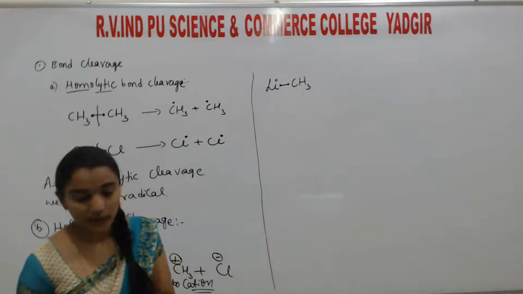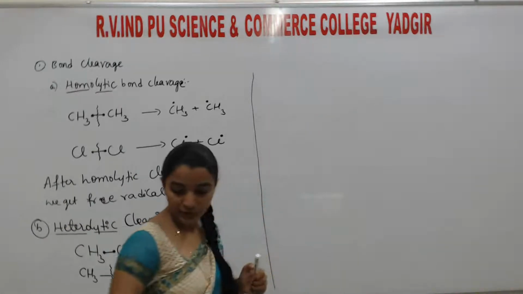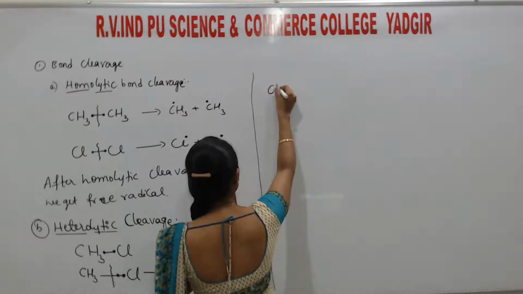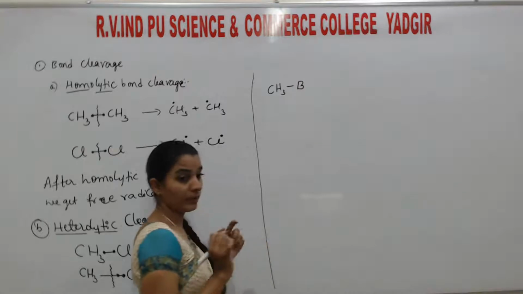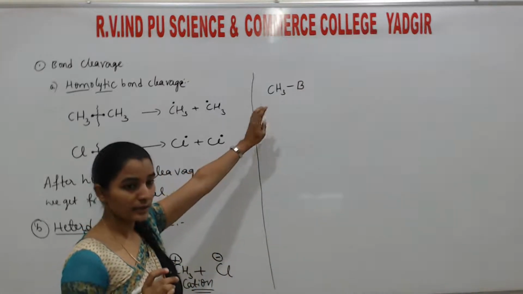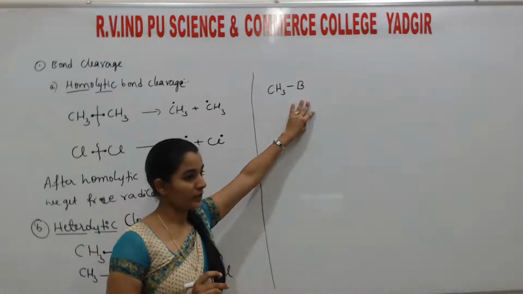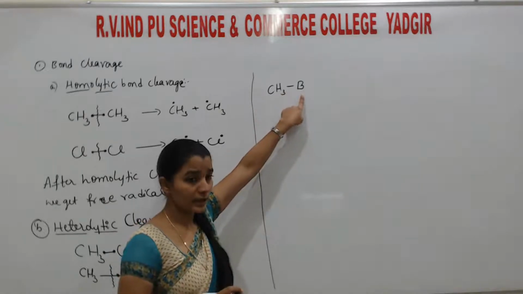Or otherwise, I will take the example of, instead of lithium, CH3B. B means boron. We have to balance the valency, but just to remember, it is like B. So here CH3 is there, B is there, boron.